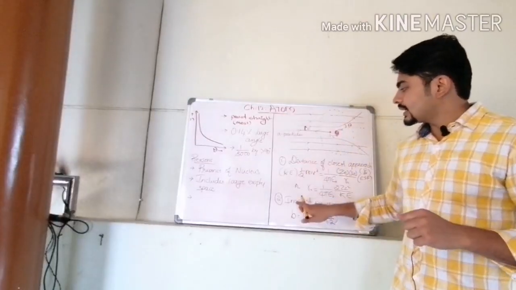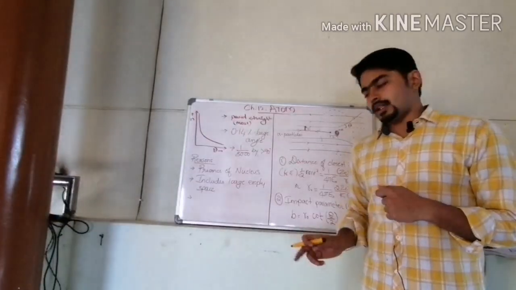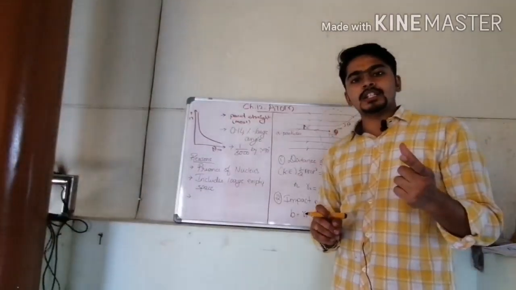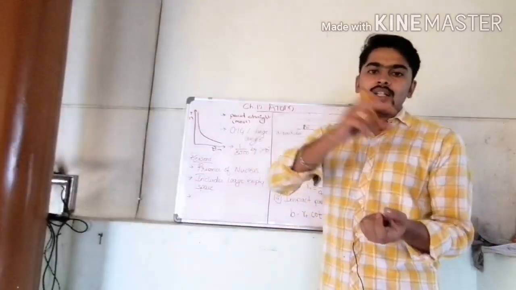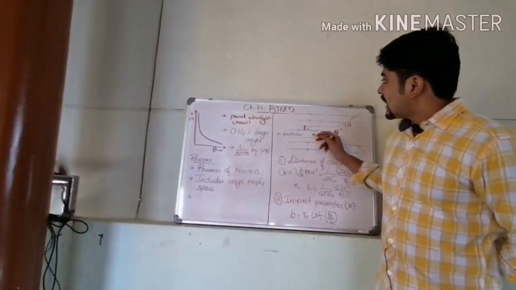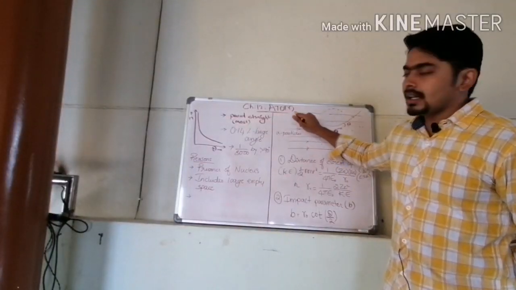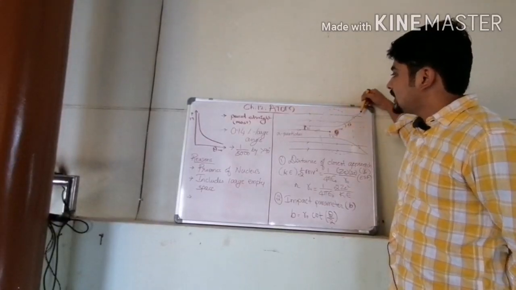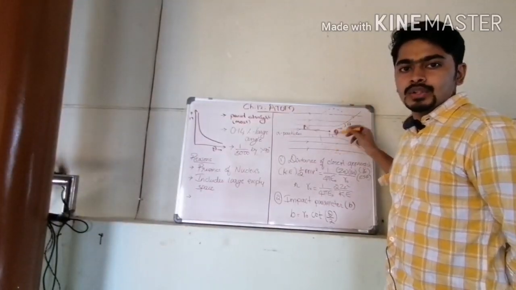Similarly, he gave another parameter, the impact parameter. Impact parameter means the impact of the alpha particle on the gold nucleus. As I have explained, the alpha particles which are far from the nucleus do not have any impact on the gold nucleus.